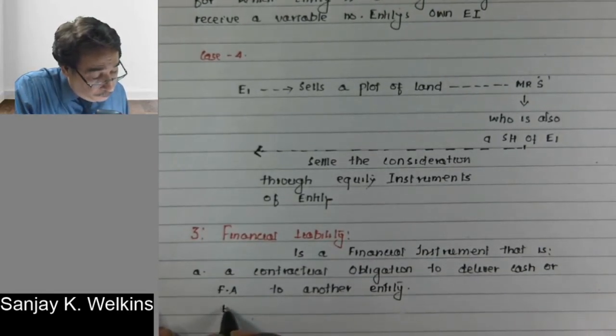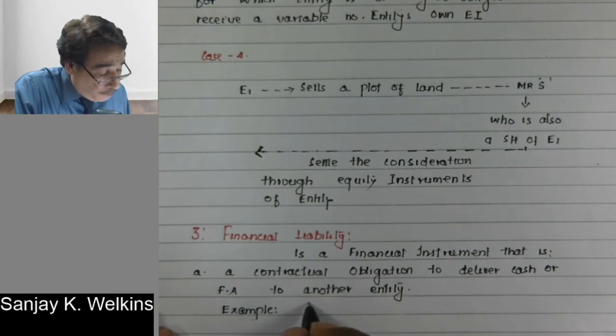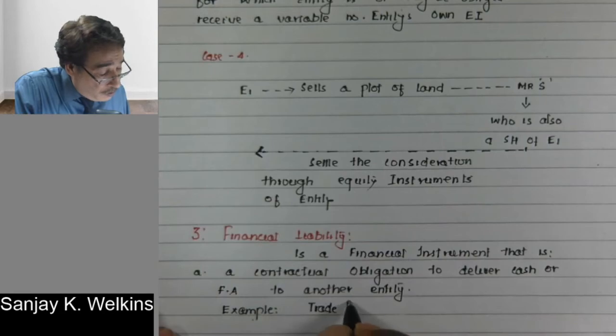Example, trade payables. For trade payables, you must have received some goods, correct?